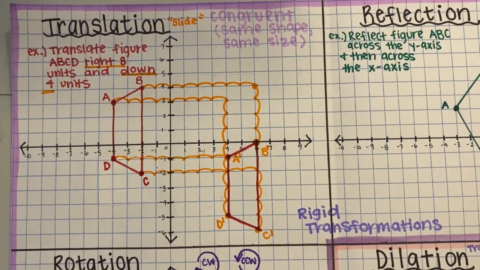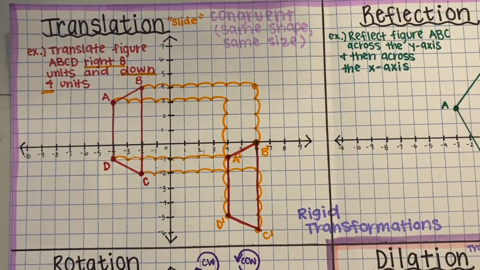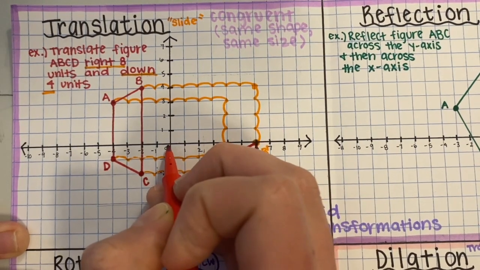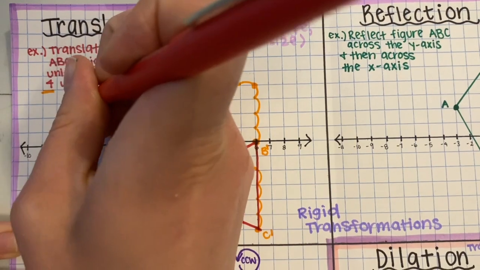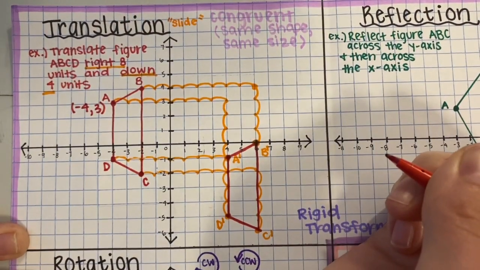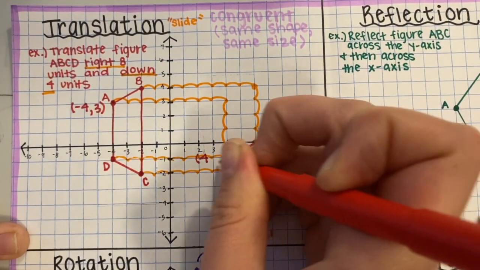Algebraically, a translation has you add or subtract to the coordinate. So A is originally located at (-4, 3). And then it moves to be (4, -1).